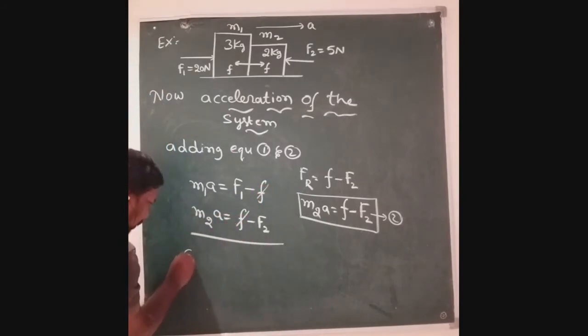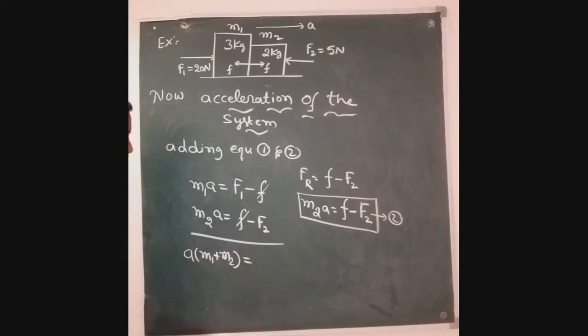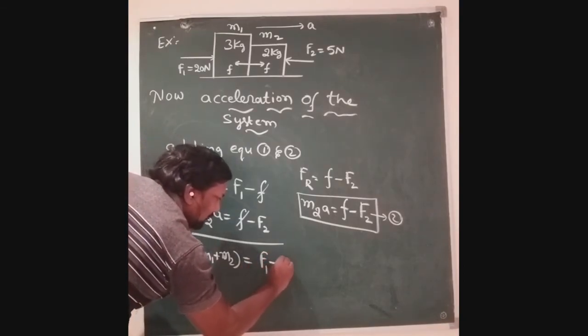So a into (M1 plus M2) is equal to F1 minus F2.